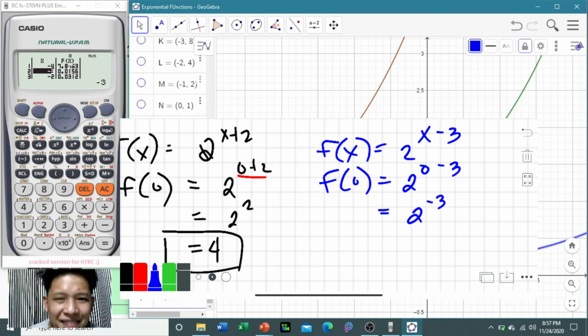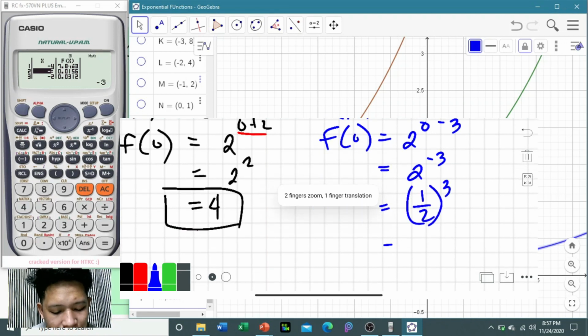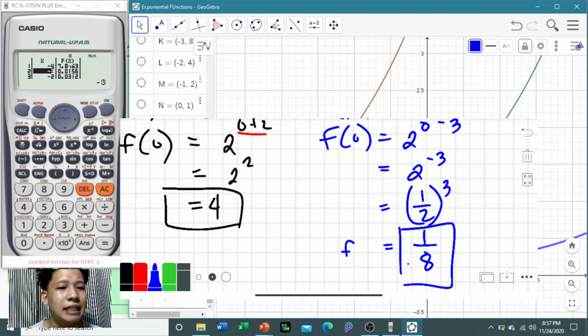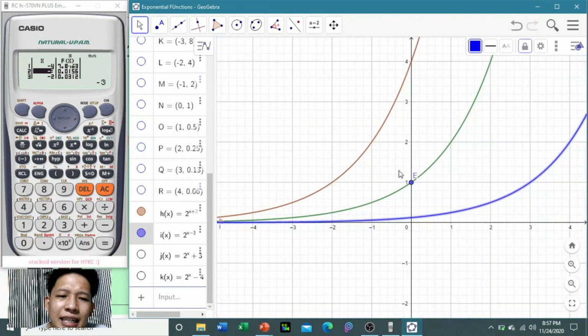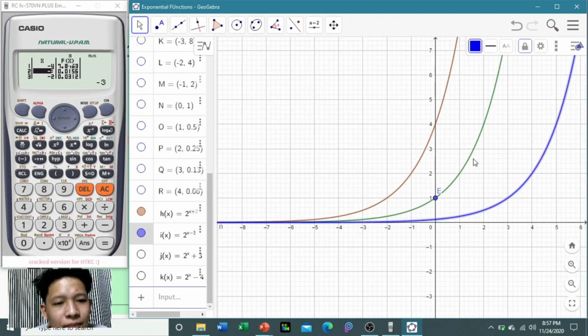And dahil negative exponent yan, we have to make it 1 over 2 raised to 3. And if we're going to have this, we would be having 1 over, so 1 cube is 1, and 2 cube would be 8. So, that would be 1 over 8. So, yun po yung ating magiging y-intercept. Okay po? And the x-intercept, tulad ng sinabi kanina, is not that necessary to get because it takes time for us to get our x-intercept.